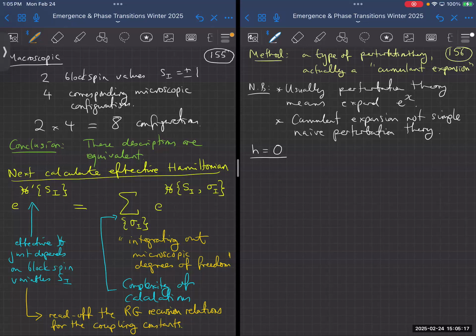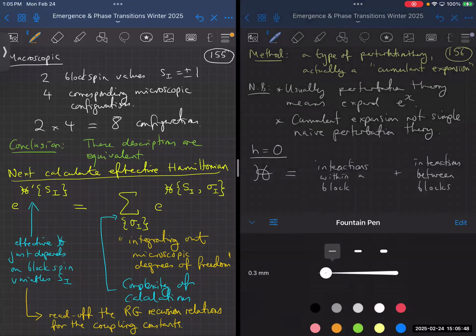Okay, so here is the basic idea. What we're going to do is take our Hamiltonian and write it as the interactions within a block plus the interactions between blocks. So that's our idea.